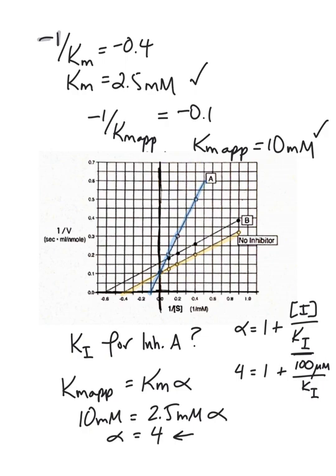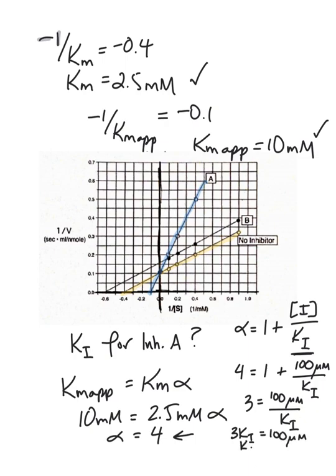And now we subtract 1 from 4, and we got 3 equals 100 micromolar over Ki. Cross multiply, 3 Ki equals 100 micromolar.